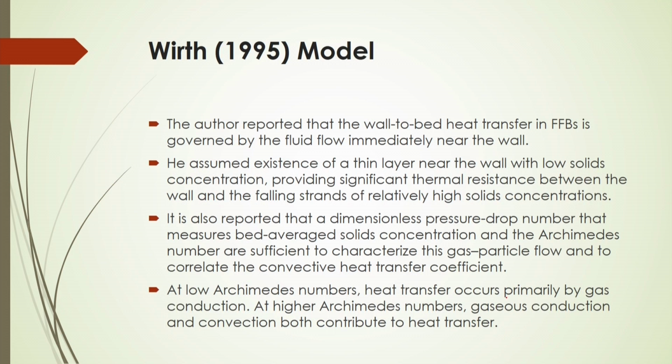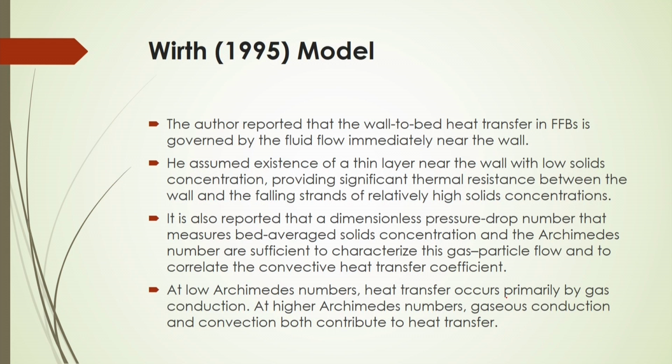According to this model, the author reported that the wall to bed heat transfer in the fast fluidized bed is governed by the fluid flow immediately near the wall. He assumed the existence of a thin layer near the wall with low solids concentration, providing significant thermal resistance between the wall and the falling strands of relatively high solids concentration.